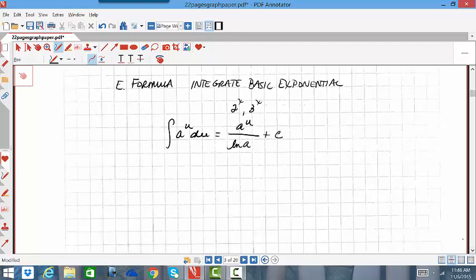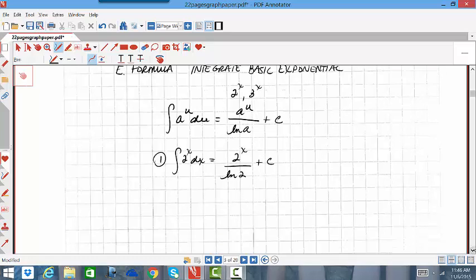So it's just follow the formula. So for an example, suppose we want to integrate 2 to the x dx. Then it's going to be 2 to the x over the natural log of 2 plus c. That's all there is to it.